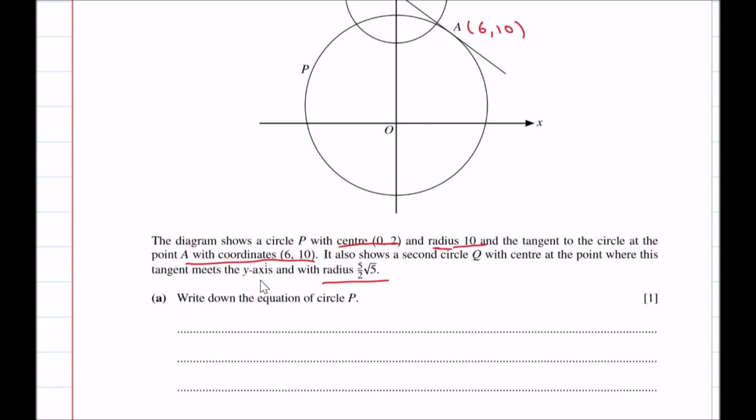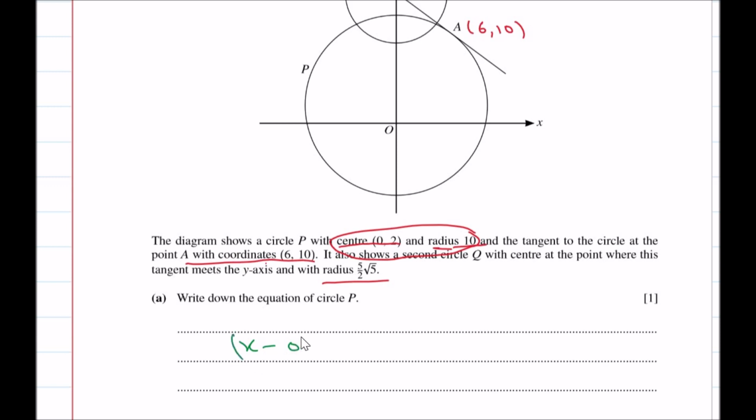Okay. Now, in the first part, they are asking write down the equation of circle P. So, for writing this equation, we have center and the radius. So, very easy to write. So, x minus x1, and that is center coordinate, x coordinate is 0.